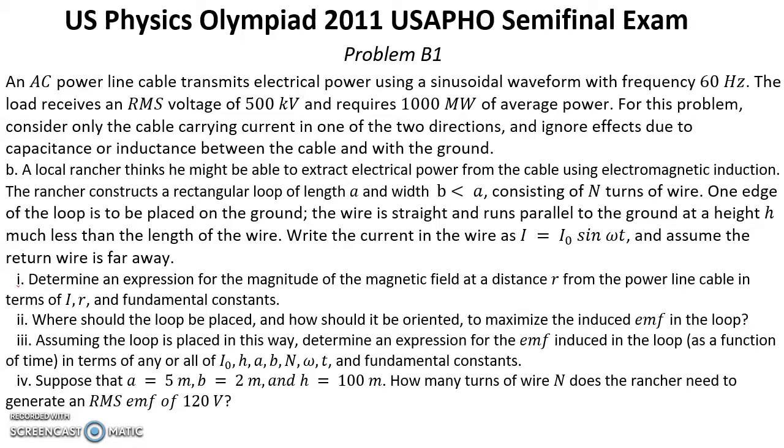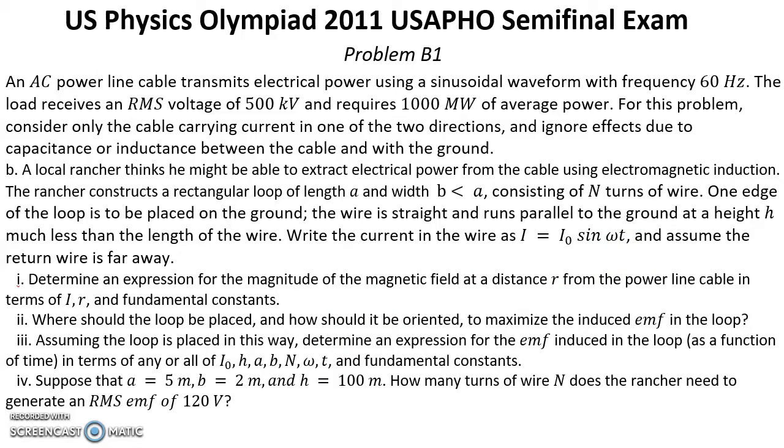The wire is straight and runs parallel to the ground at height h, much less than the length of the wire. Write the current in the wire as a function of omega and t in the form I0 sine omega t, and assume the return wire is far away.